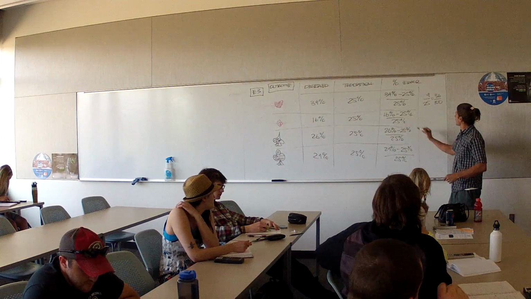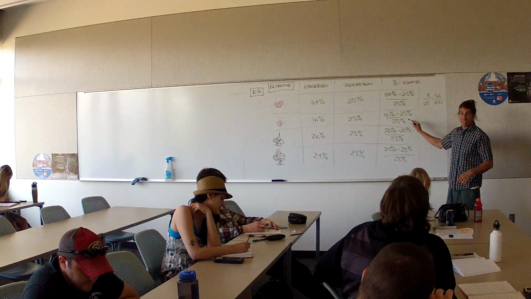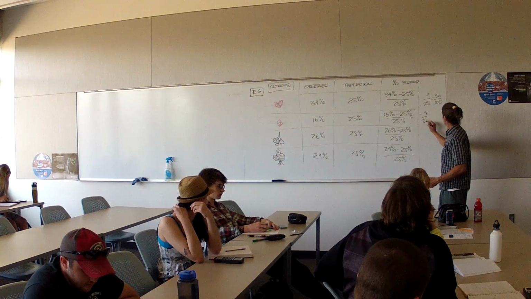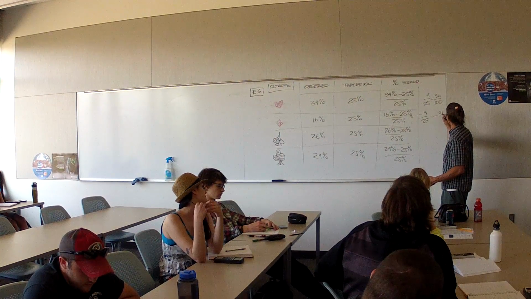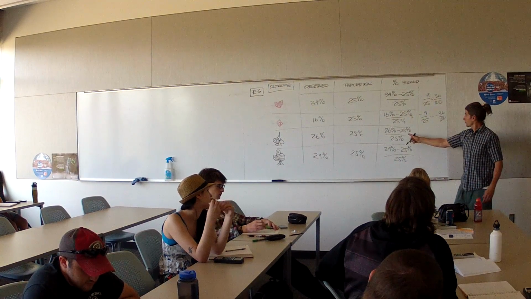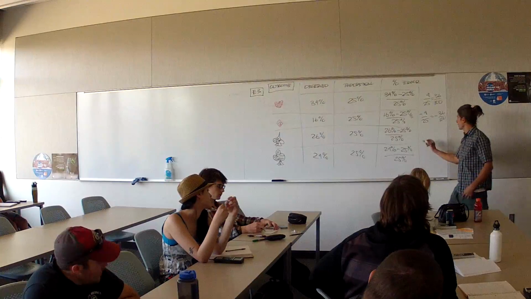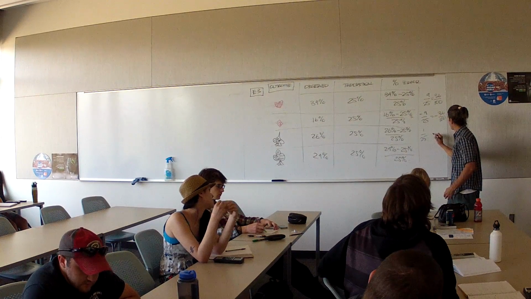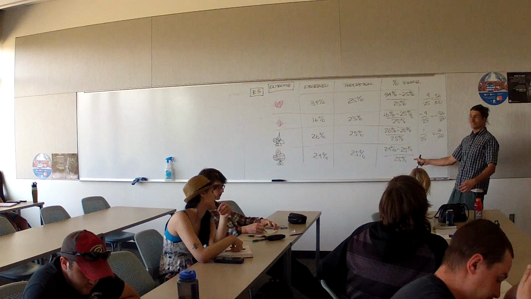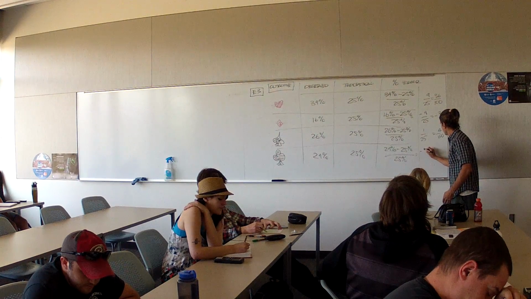How about 16 minus 25? That's negative 9, isn't it? So this is going to be negative 9 over 25, which is negative 36 over 100. So they cancel. That's nice. 26 minus 25 is 1 over 25, which is 4%. And guess what that is?